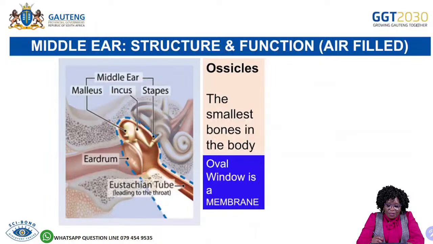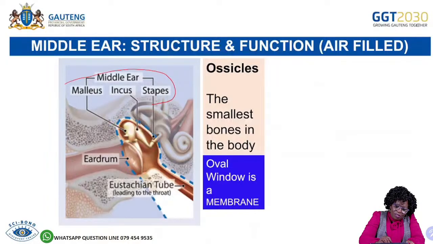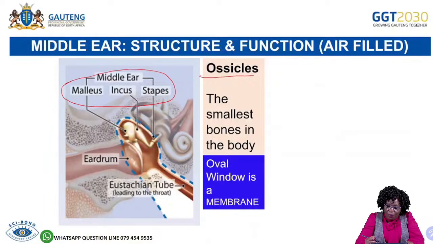Now, as we proceed, we do have our 3 bones, and by the way, we said they are called what? The ossicles. But now, oval window is a membrane. So when we speak about oval window being a membrane, oval window, as I said to you, that is now the exit point to the inner ear, to the inner part of the ear, because the ear has got 3 regions.